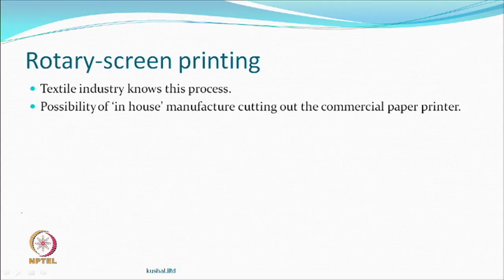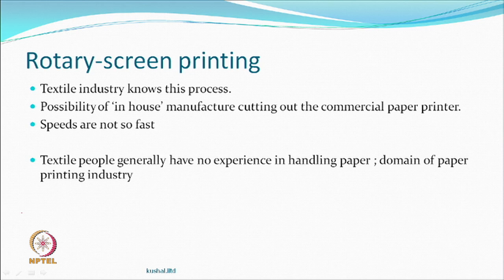So, in-house manufacturing, cutting out for commercial printing could also be thought of, by those who want to do it. But rotary screen printing is not so fast. Otherwise, textile people believe rotary screen is fast. For the paper industry, they say it is too slow.